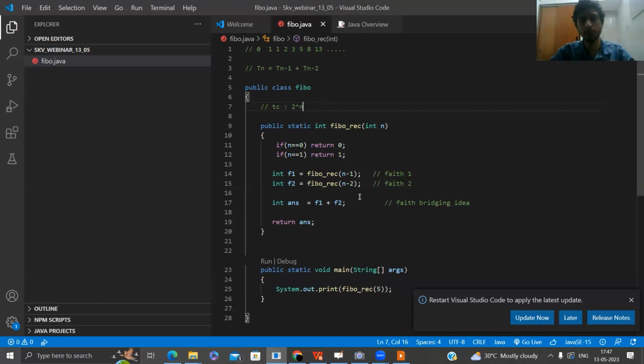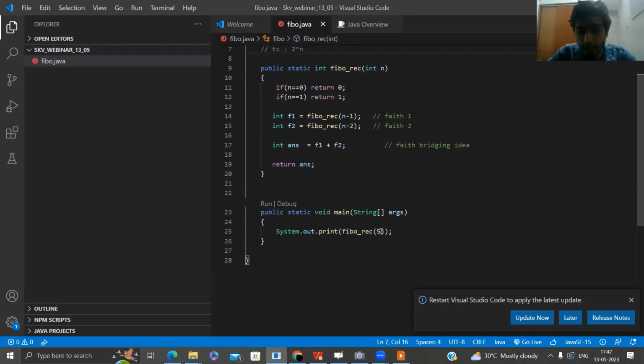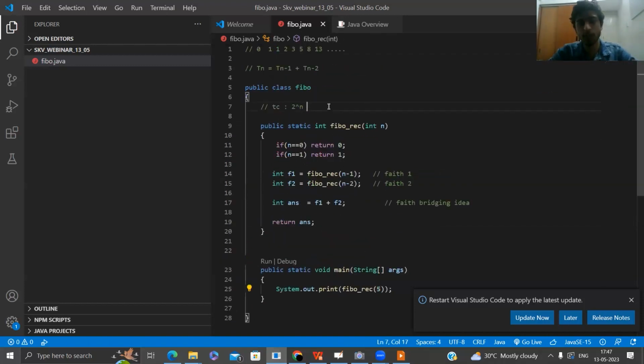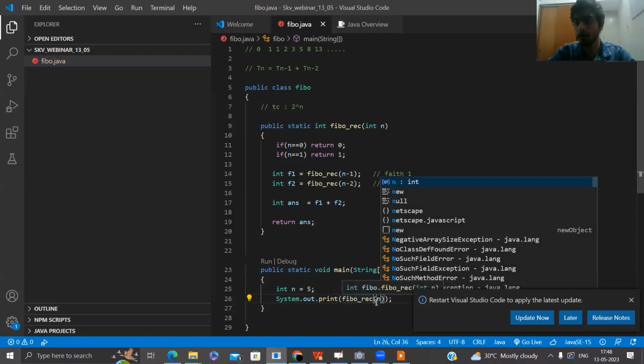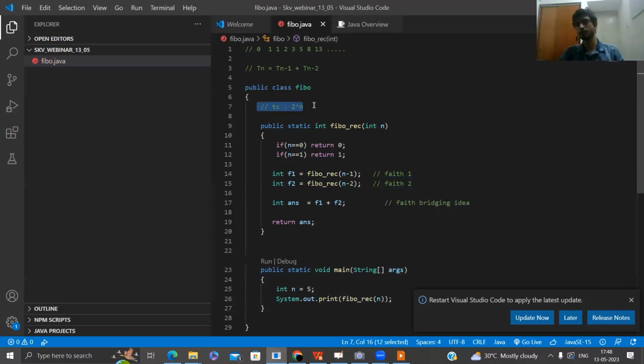Over here, your n is 5, so this expression evaluates to 2 raised to the power 5, right? But in general, we won't be passing 5, we'll be passing n, like int n is equal to 5, and then passing that as n. Therefore, the time complexity is 2 raised to the power n.